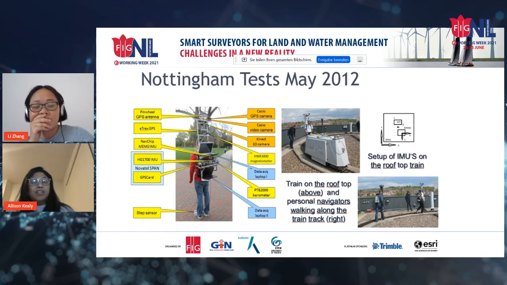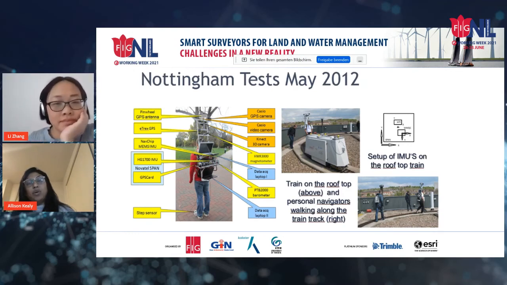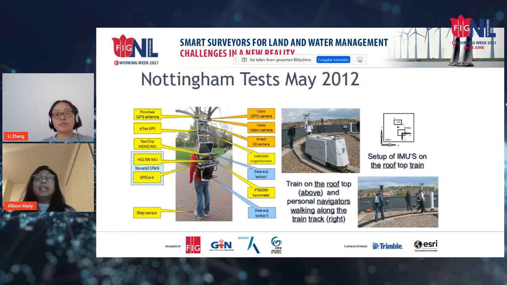But what we're actually interested in is the sharing of information between these platforms. People carrying sensors on backpacks, platforms that are autonomously navigating, we want them to share information in a really big geodetic network. And we treat the multi-sensor cooperative positioning algorithm that way, as a very big geodetic network.